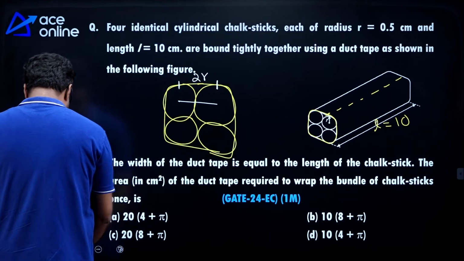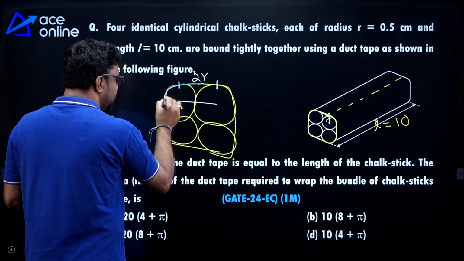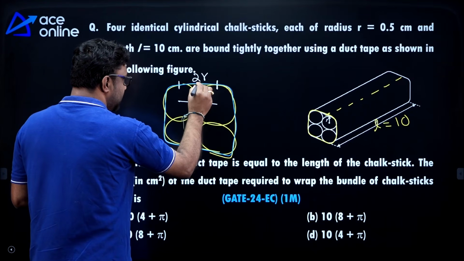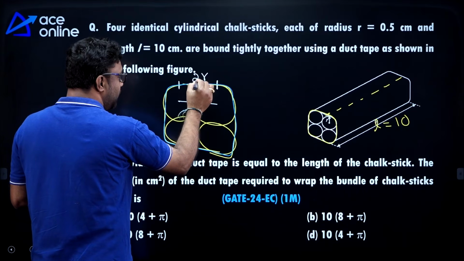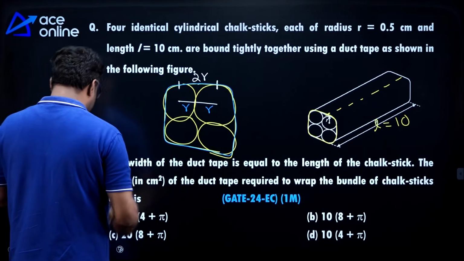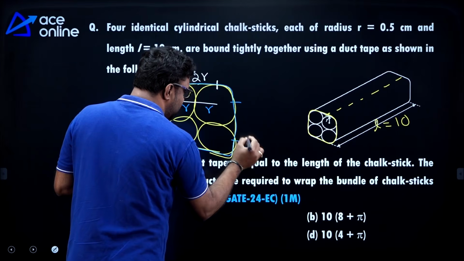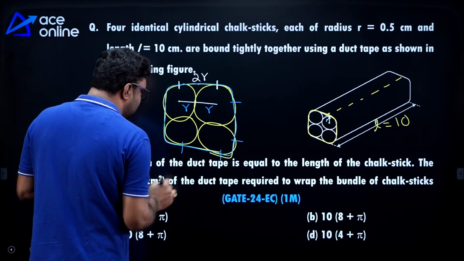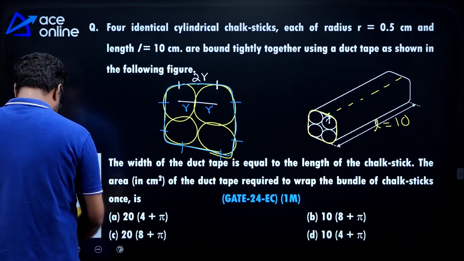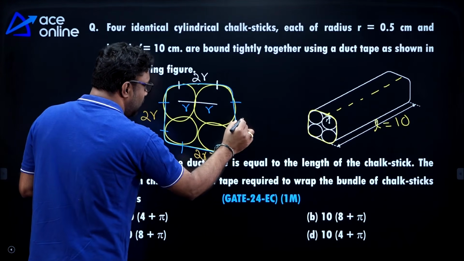This length is what we have to calculate. Similarly, from here to here it is 2r, from here to here it is 2r, from here to here it is 2r. So 2r here, 2r here, 2r here, 2r here.